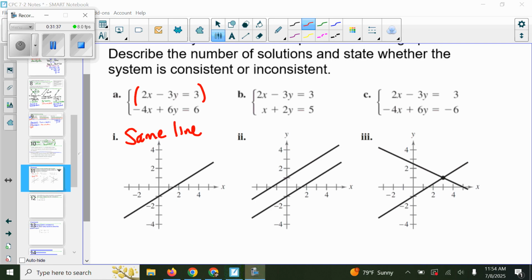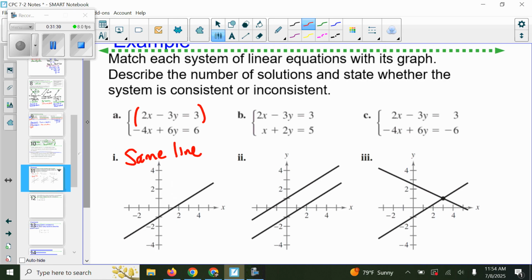So we have to do a little bit of matching here first to see which equations match which pictures, and then we'll be able to tell. So let's see what happens if I multiply this first one by -2. That would give me a -4x plus 6y equals -6. So not exactly the same equation. So that doesn't match with letter I because that needs to be the same line. Everything would have to be the same about it.